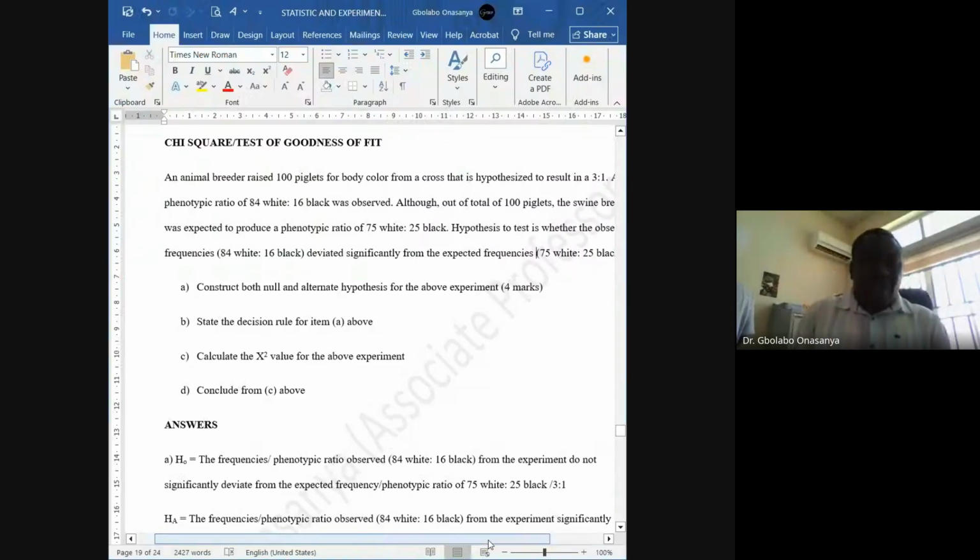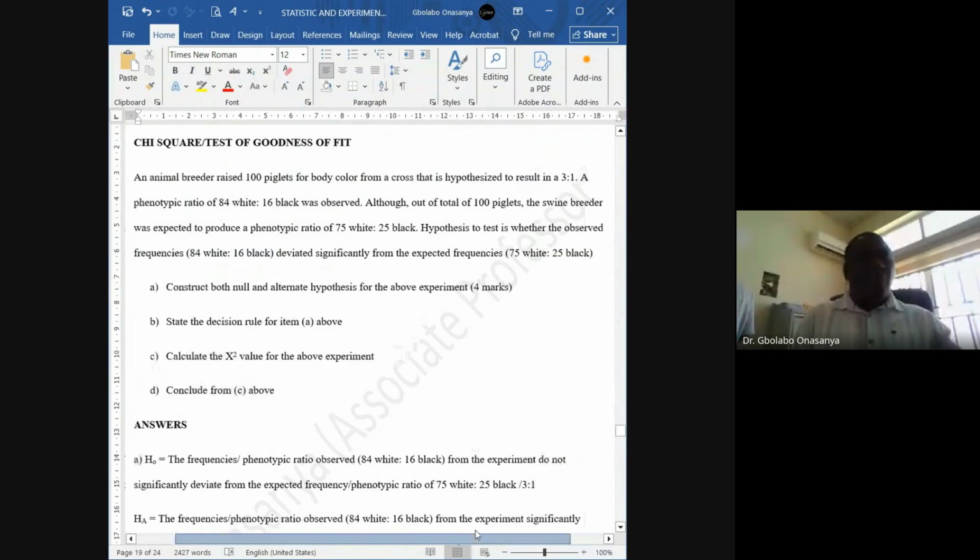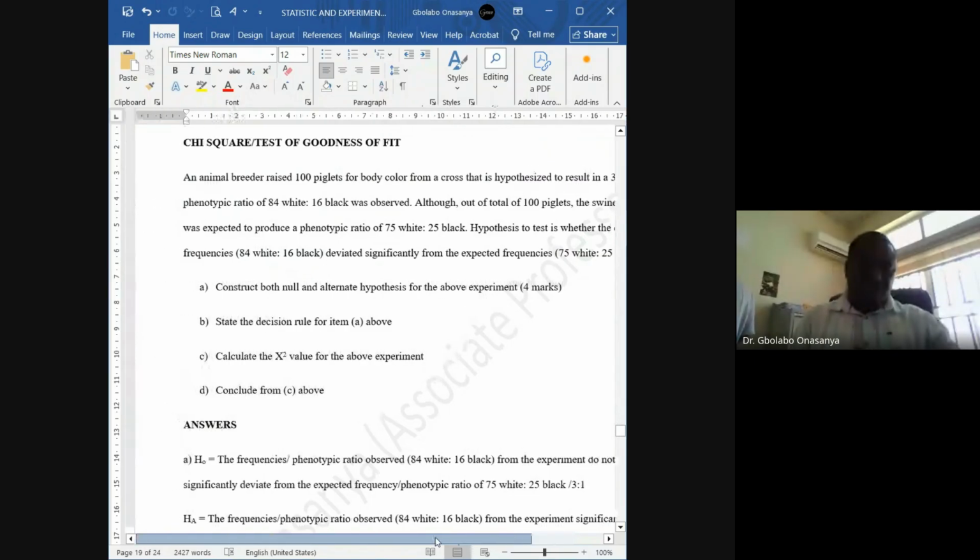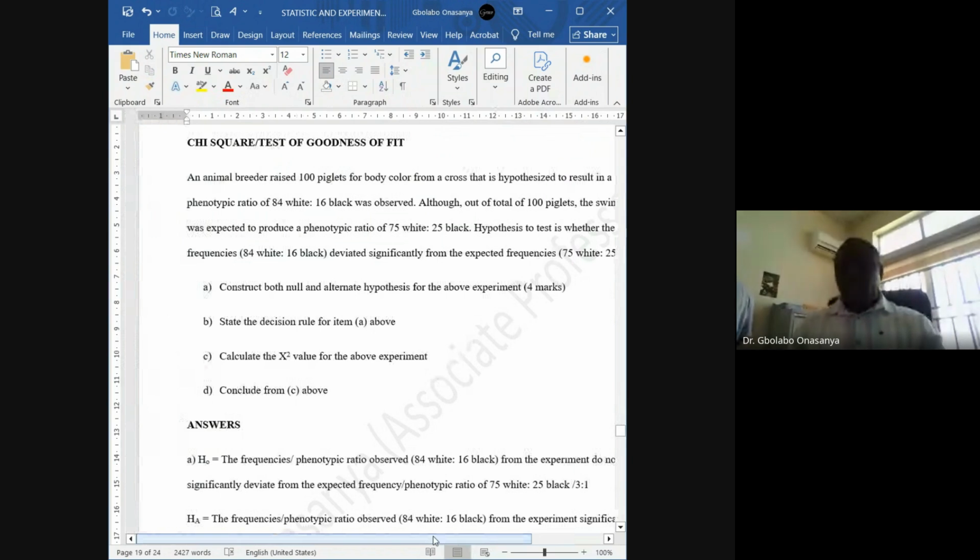An animal breeder raised 100 piglets for body color, from a cross that is hypothesized to be ratio 3:1. That is, in this crossing, we are expecting to observe a phenotypic ratio of 3:1, 84 white, 16 black. Am I speaking sense? Fantastic.